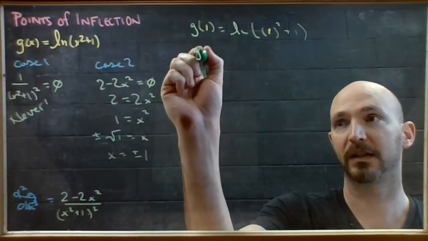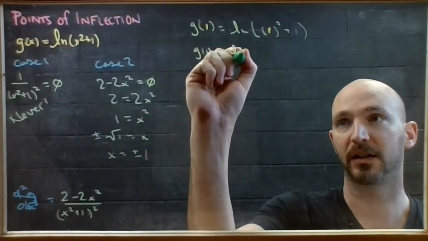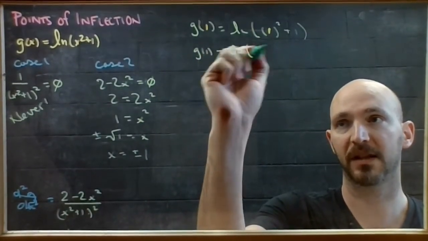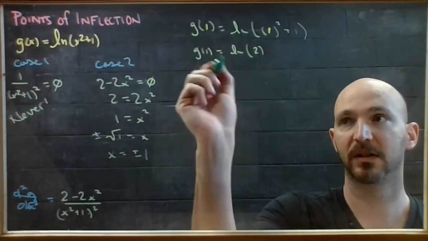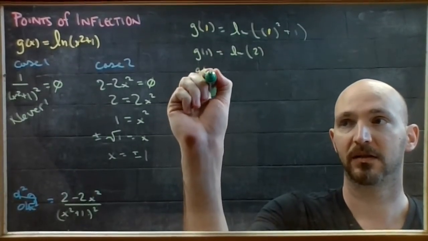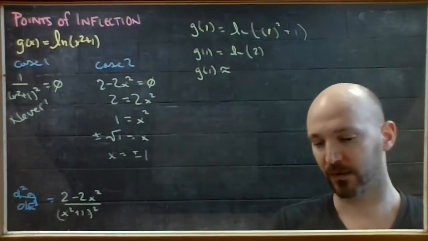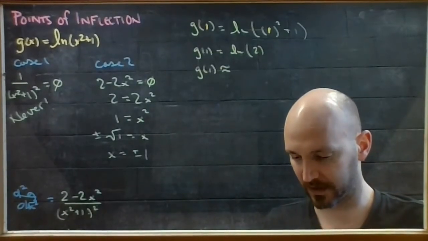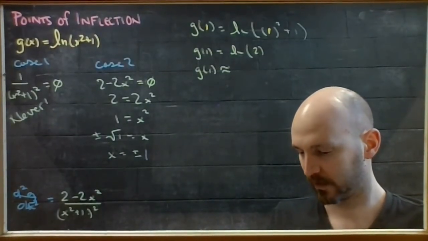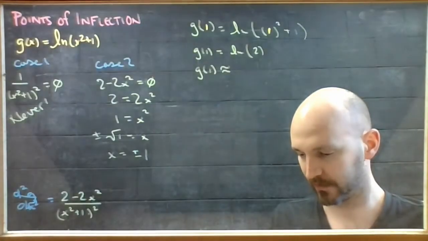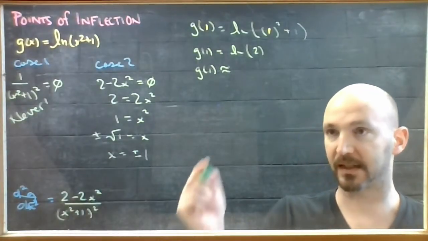So g at 1, the ln of 1 squared is 1, plus 1 would be 2. So this is approximately, whatever the ln of 2 is, it's going to be a little bit less than 1. ln of 2 equals 0.693.